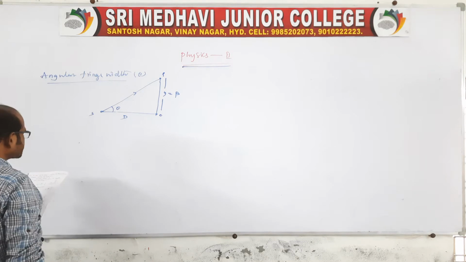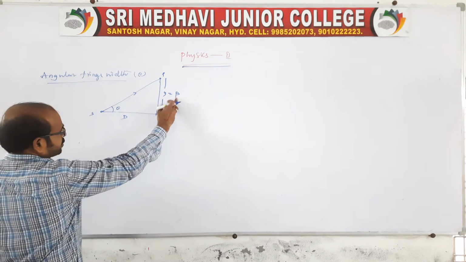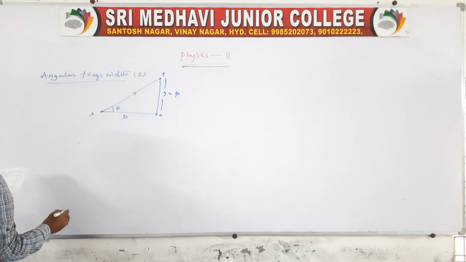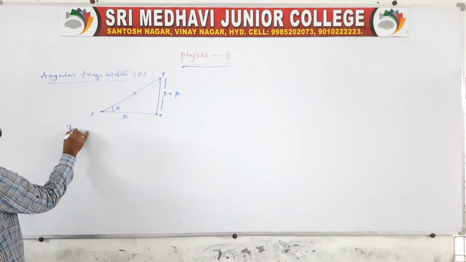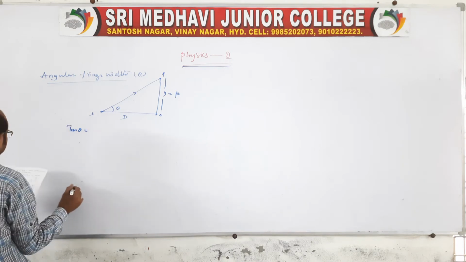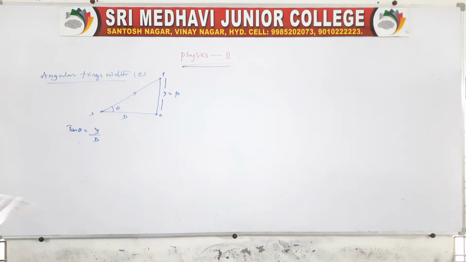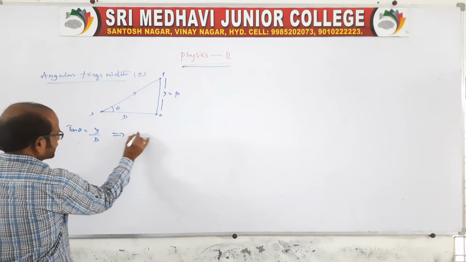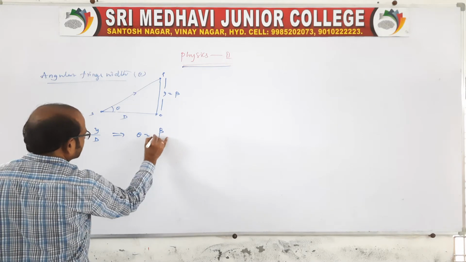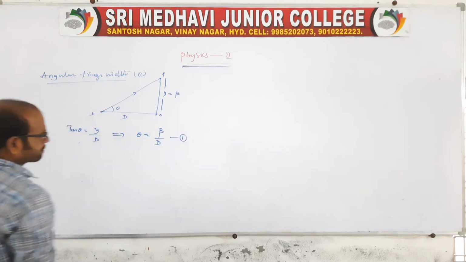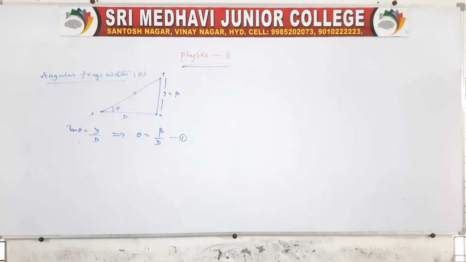Here y is equal to beta because it is the fringe width. So using this expression, tan theta is equal to y by capital D. And also we can write theta is equal to beta by capital D. Theta is nothing but the angular fringe width.